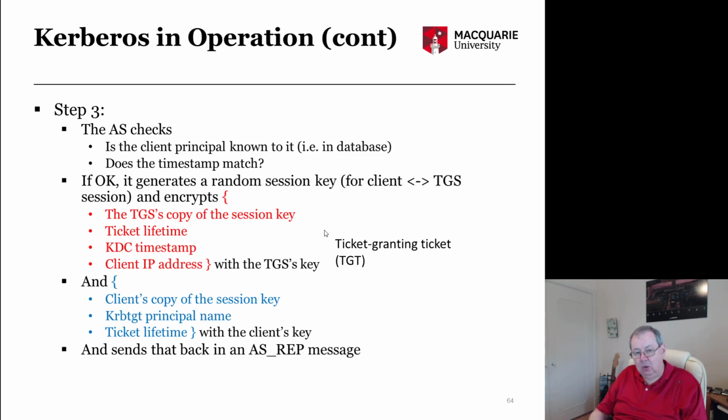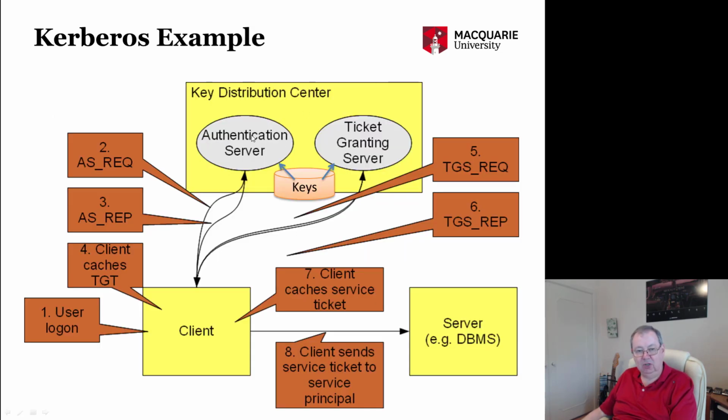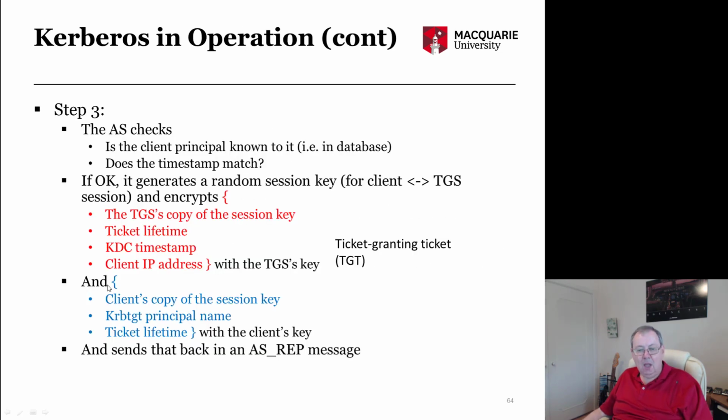And it encrypts all of that with the ticket granting server's key. Remember, the authentication server has access to the ticket granting server's key because it's in the key store. All of that's encrypted with the ticket granting server's key, and it's called the ticket granting ticket, or TGT.